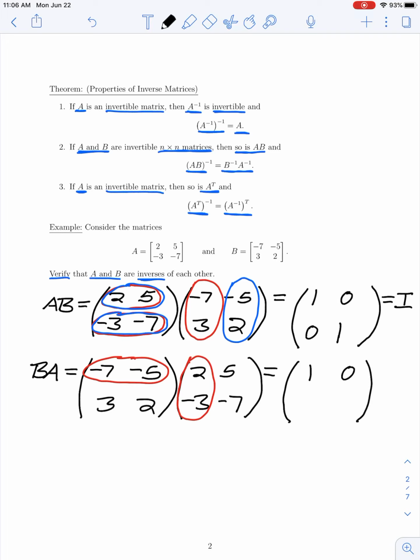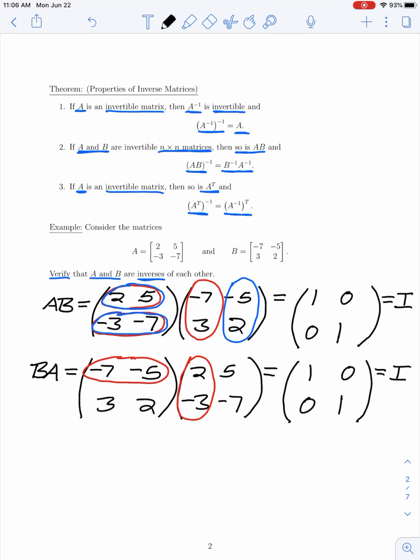For our second row, first column, we have a 6 minus 6 is 0. And for our second row, second column, we have 15 minus 14, which is 1. So if we reverse the order of the product there, we still get back the identity matrix I.